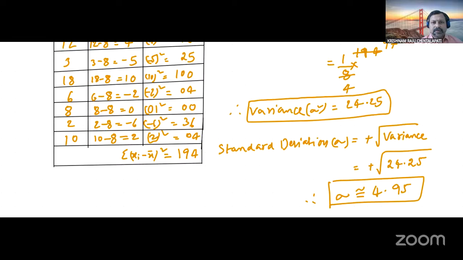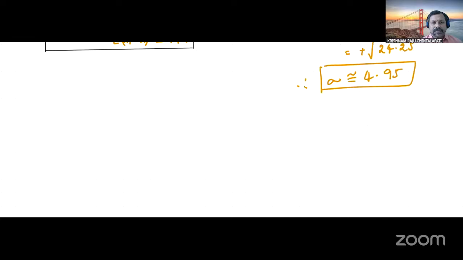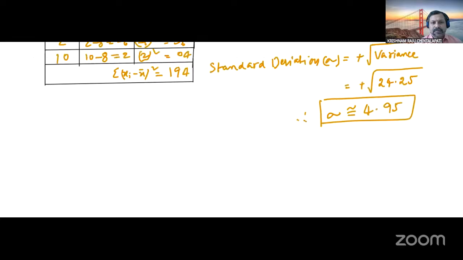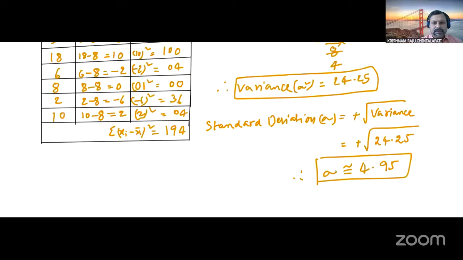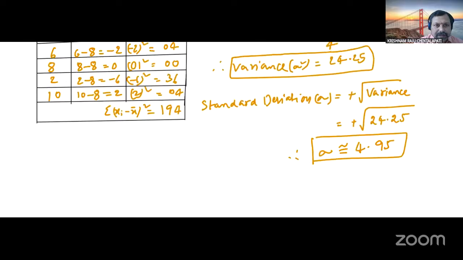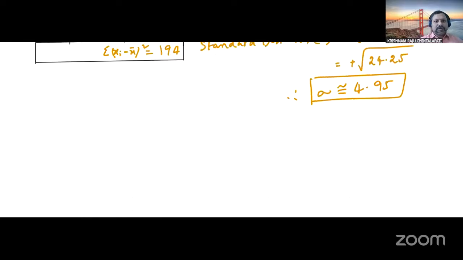Right. So this is the concept to find variance and standard deviation for ungrouped data. Clear? Now we move on to grouped data.